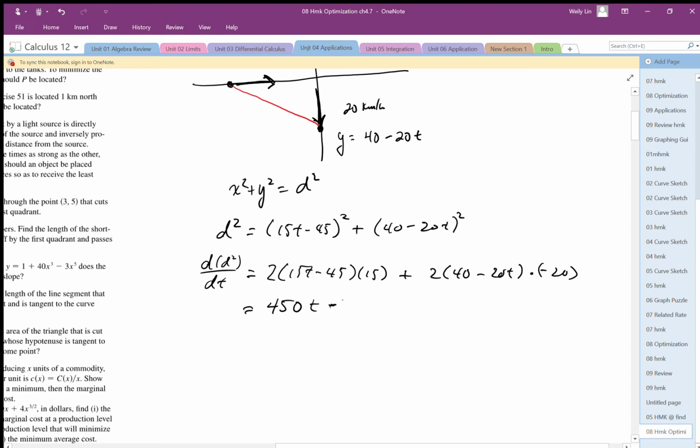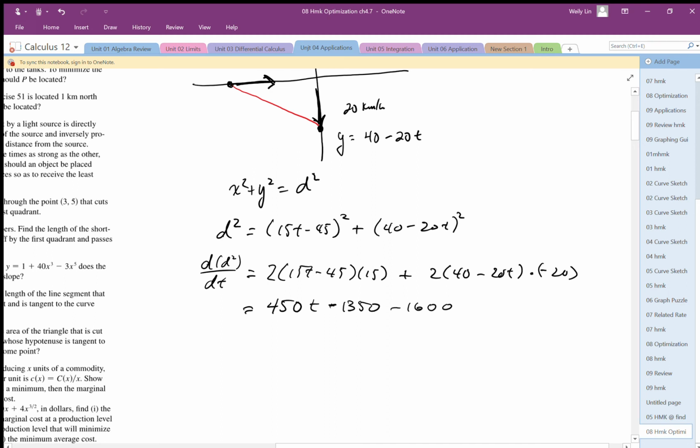So minus 1350. I'd better double check that. 30 times 45, 3 times 45 is, yeah, okay. And then plus negative 20 times 2 times 40 is going to be negative 1600, I think it is. Yeah.